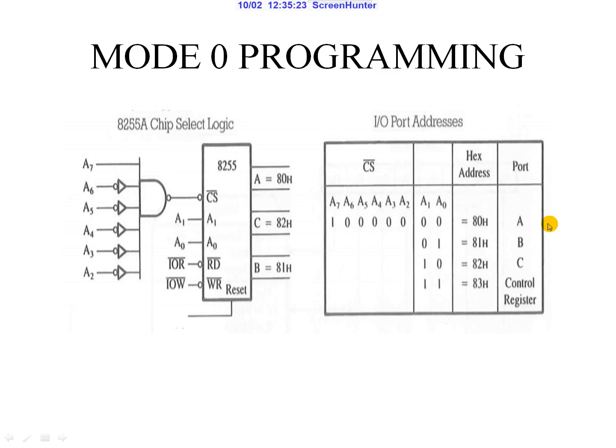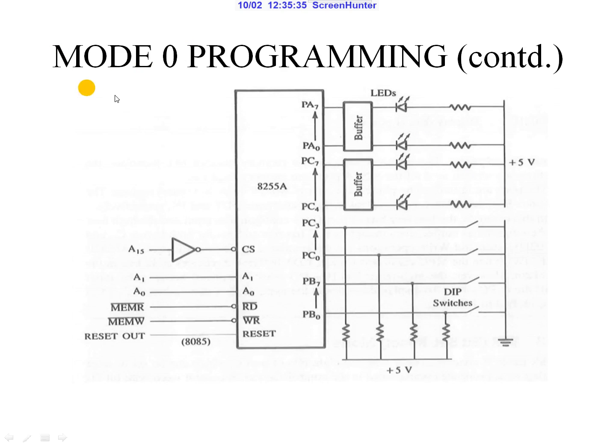So by using this chip select logic, we can access these ports, port A, port B, port C, or the control register, as we want.